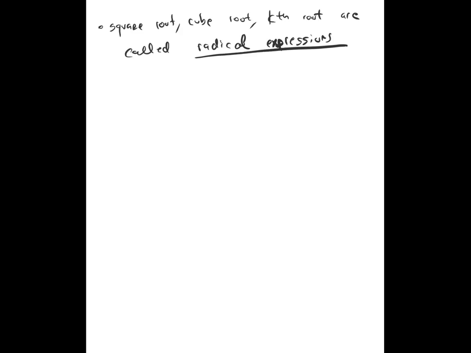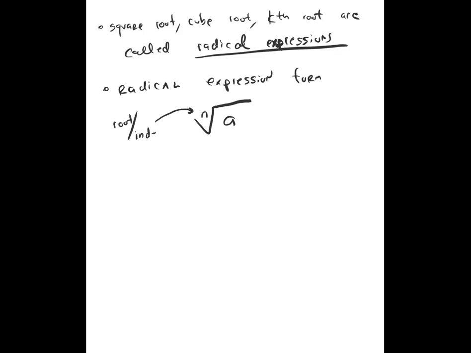Are called radical expressions. So this radical expression can be looked at in the form of the nth root of A. This can be called the root or the index.